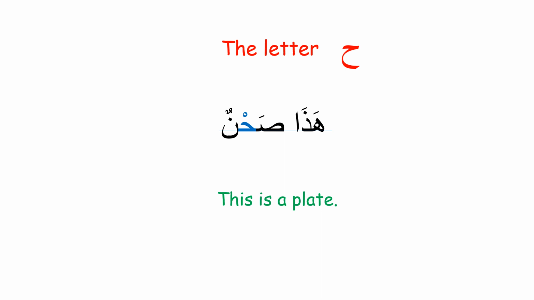Last but not least, just like the letters Hamza and Ha, Ha is also pronounced with a certain amount of effort. Now, if we move on to the short vowels, all of these attributes just mentioned are going to become slightly less preponderant.